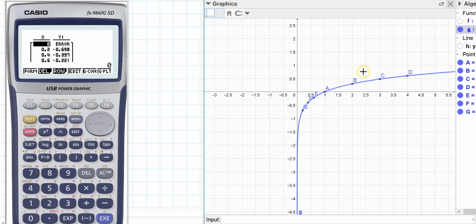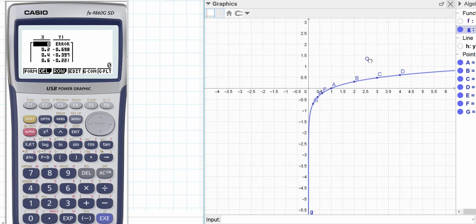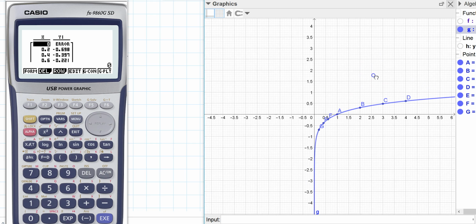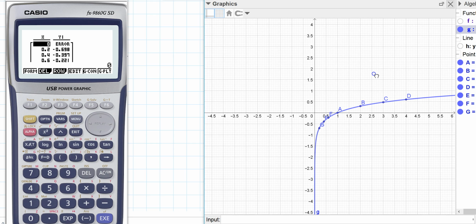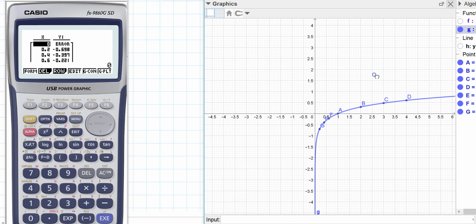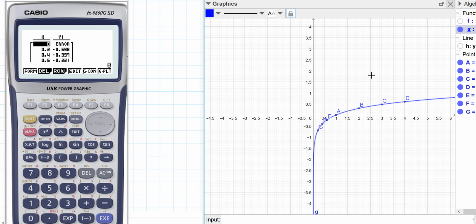If I scroll out, we can see that it has a shape that looks like this. And that shape should possibly be familiar to you if we think back to the other graphs that we've done, namely the exponential graph. So if I put up here the exponential graph y is equal to 10 to the x, these two graphs look to be symmetrical.